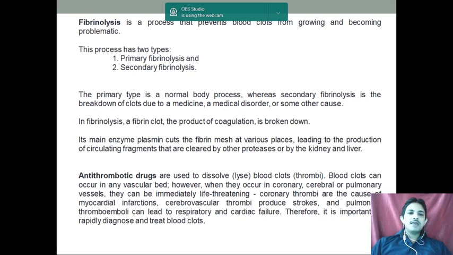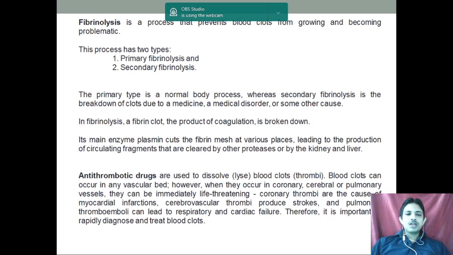Clear? So it will cut the fibrin mesh into small fragments, and these fragments will be present in the circulation and cleared by the kidney using the protease. Clear? Using the protease or through the kidney and liver, they go out of the body.